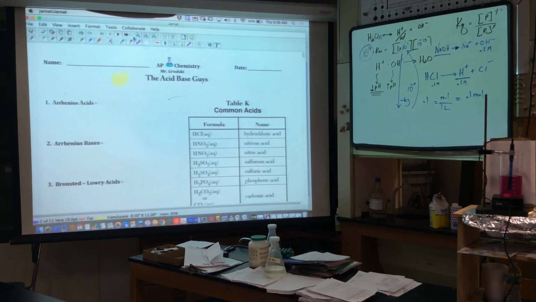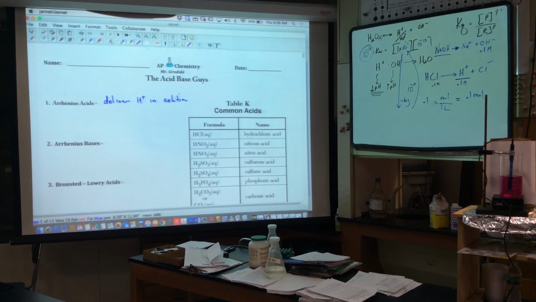Okay, and to be an Arrhenius acid, all he said, party people, was that to be an acid, all you had to do was deliver H pluses in solution. All this means is that the acid was responsible for making protons in the solution. It's very simple.